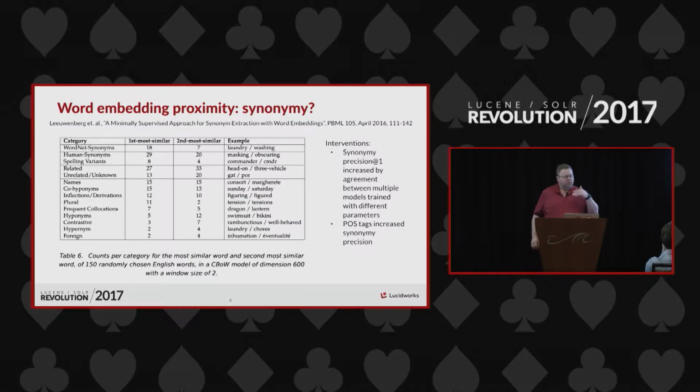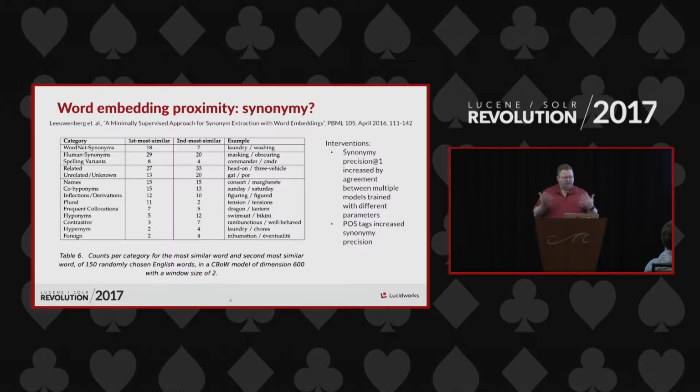You can see that their first category is WordNet synonyms. The next, human synonyms, which just meant that they were judged by humans as being synonymous. Spelling variants, which is probably something you want if you're doing search, but not necessarily synonymy. And you can see there's a bunch of other forms of relations that could be interesting depending upon the sort of search you're doing, but which isn't necessarily going to give you the exact same concept.